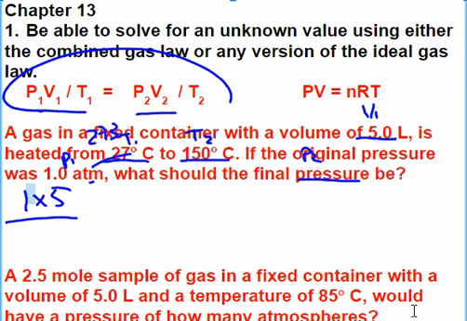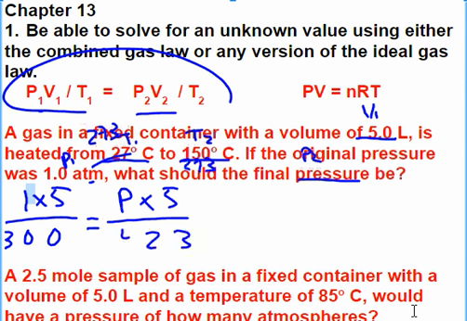And that's on your helping hand as well. So 300 Kelvin. And that should be equal to P2, which is what we're trying to find. V2 is still going to be 5 because it says it's a fixed container. Unless it says it's an expandable container, it's going to stay the same size. And when I add my 273 to this, and then you just cross multiply and divide.